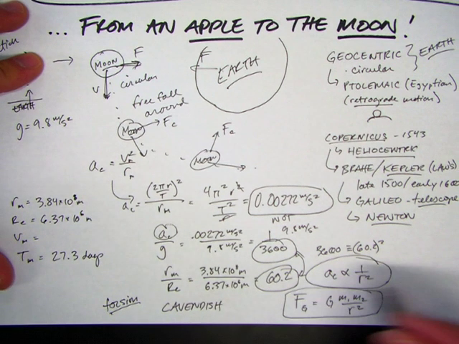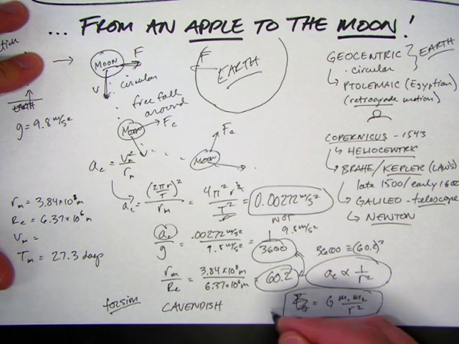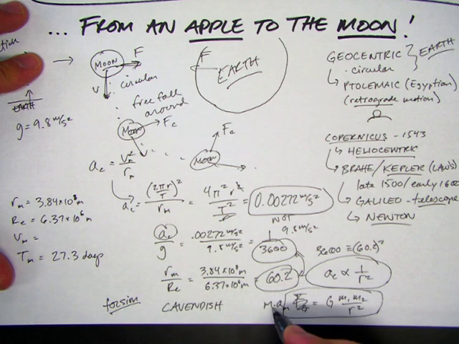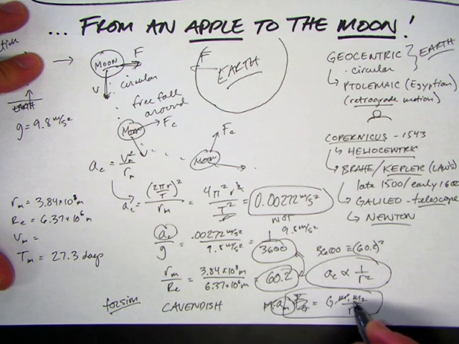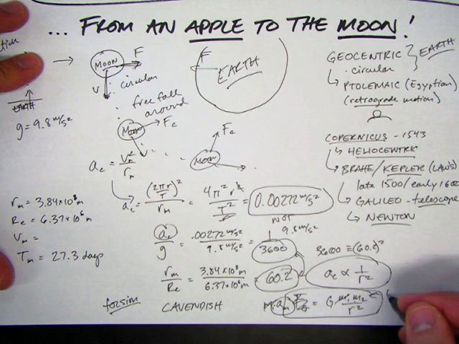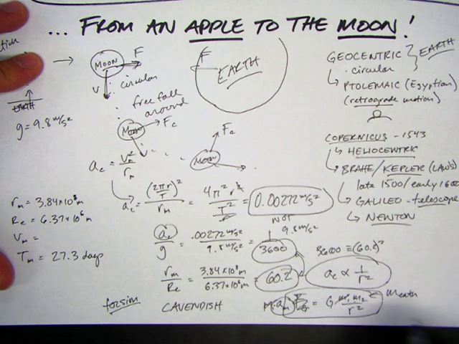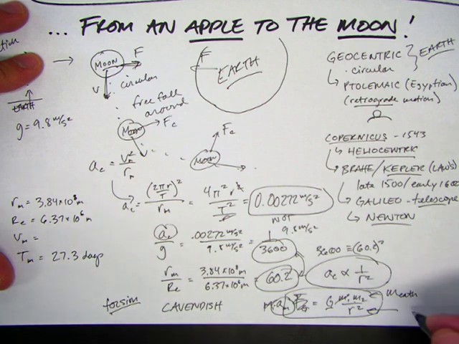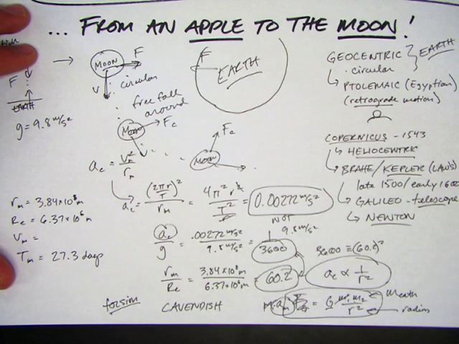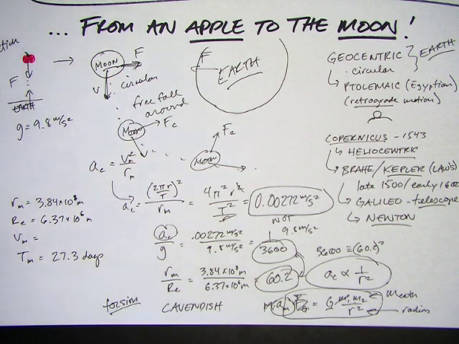And if you're finding the force on the moon, which would be the mass of the moon times the acceleration of the moon, this acceleration is really based upon the mass of the Earth, G, the gravitational constant, and then the distance from the center of the moon to the center of the Earth, this radius. And that's from an apple to the moon. Hopefully that gives you a little better understanding of where the universal law comes from.